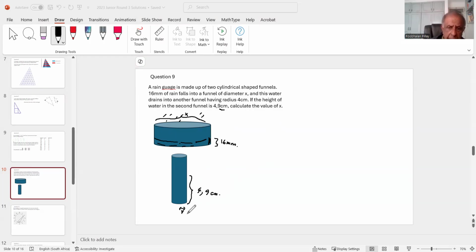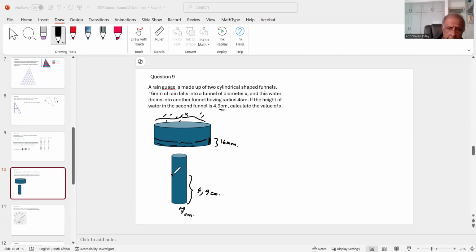So this is 4 centimeters here. Right. So all this water here drains into this, which means that the volume of the water here is the same as the volume of water here.